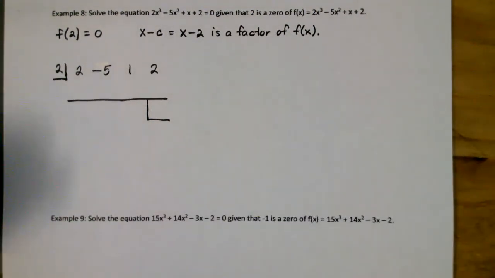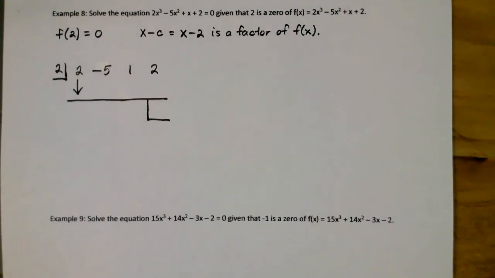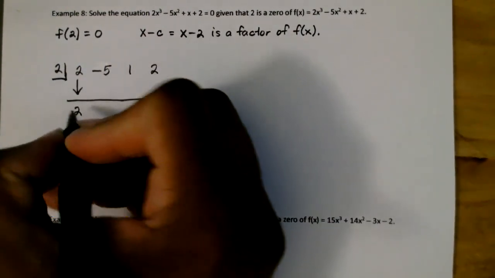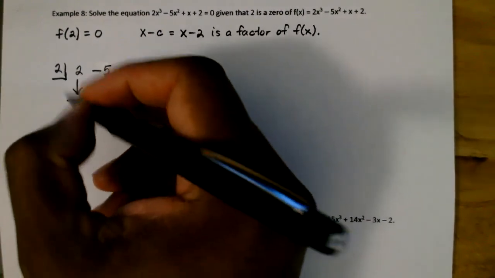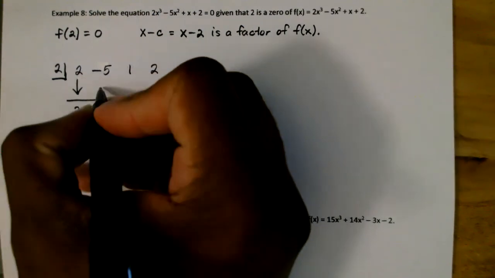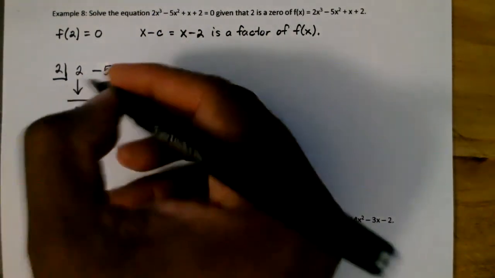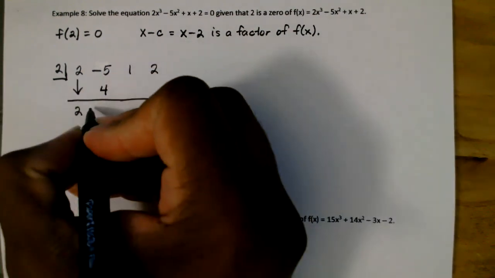So here's where the synthetic division comes in. Bring down the leading coefficient in the bottom row, that's the 2. And then we multiply that number times our divisor. So 2 times 2 would be 4. That goes underneath the -5. Add -5 and 4 together, you'll get -1.